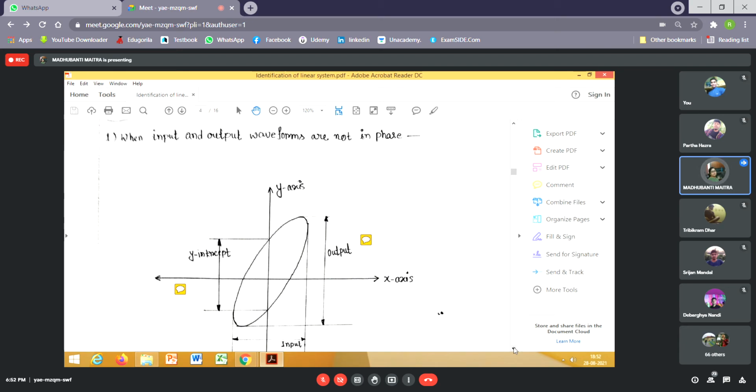A sinusoidal waveform, which is basically a function of time. Yes or no? Yes, ma'am. Respond quickly. Okay. But if we put the oscilloscope in XY mode, then what will happen?